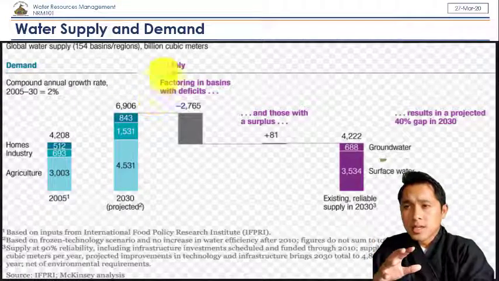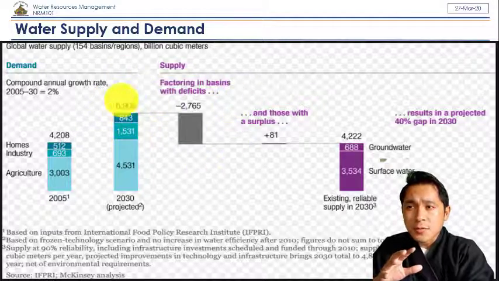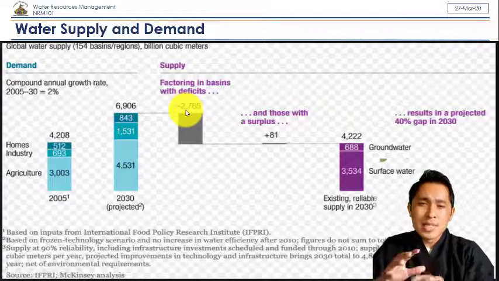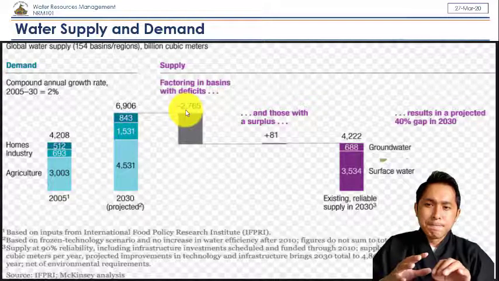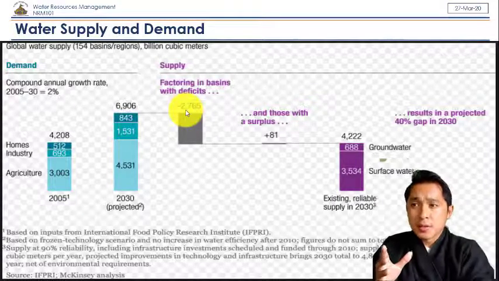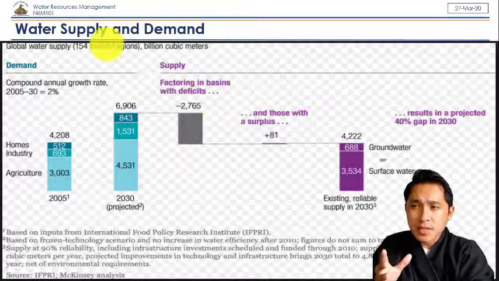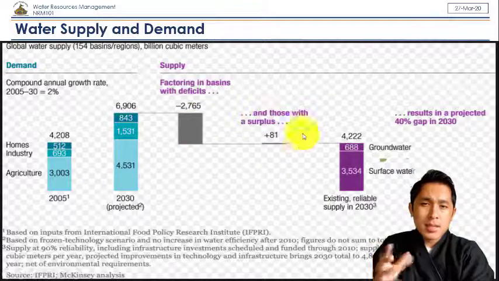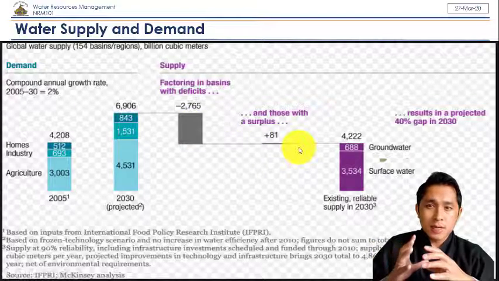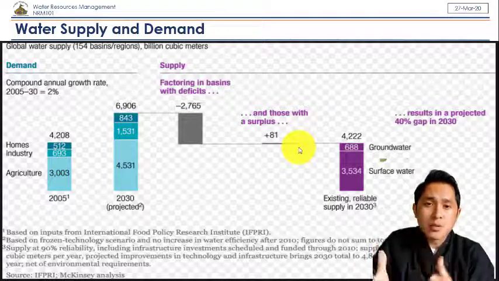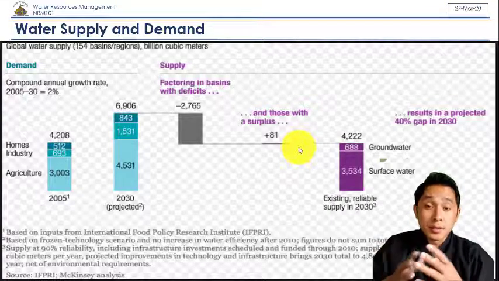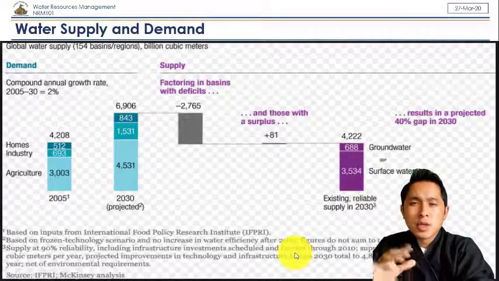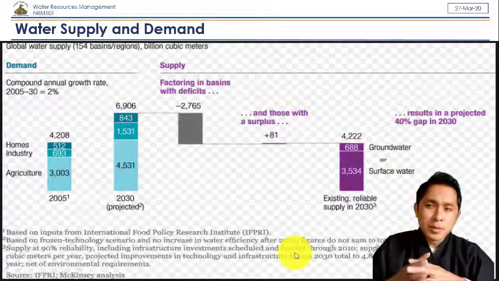The drying up is accounted for as negative 2,765 billion cubic meters. So negative 2,765 is already lacking, and in some of the basins, through desalinization and other ways, we are generating about plus 81 billion cubic meters of water.